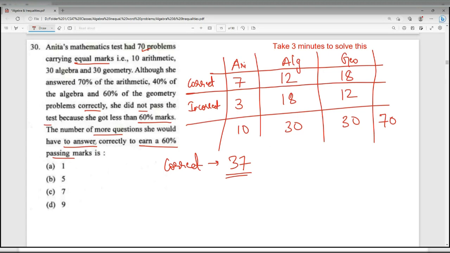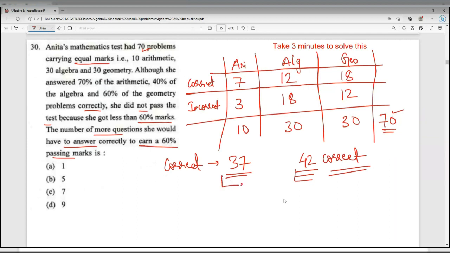But to pass the exam, she had to score 60% marks. She had to correctly solve 60% of the questions because the marks are the same and there are no negative marks for any wrong answers. So 60% of 70 questions is 42 questions. The correct answers should have been 42, but she has 37.